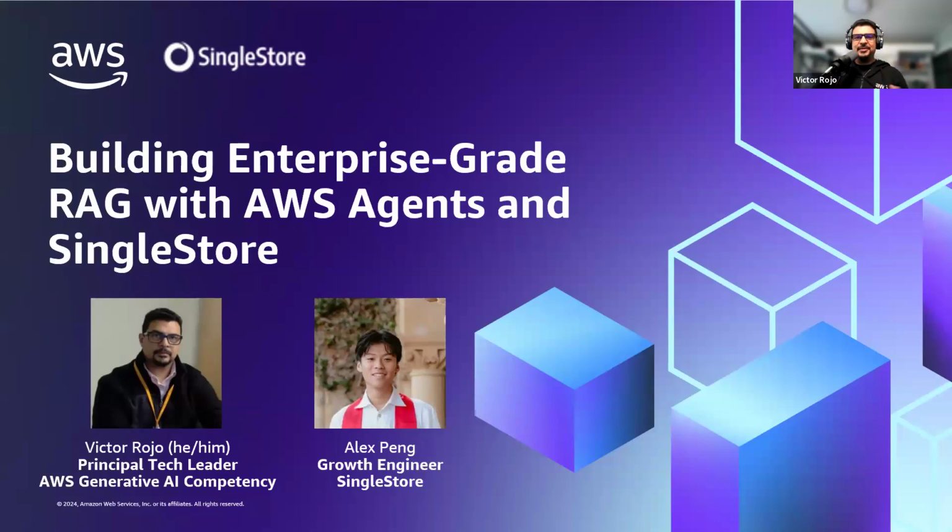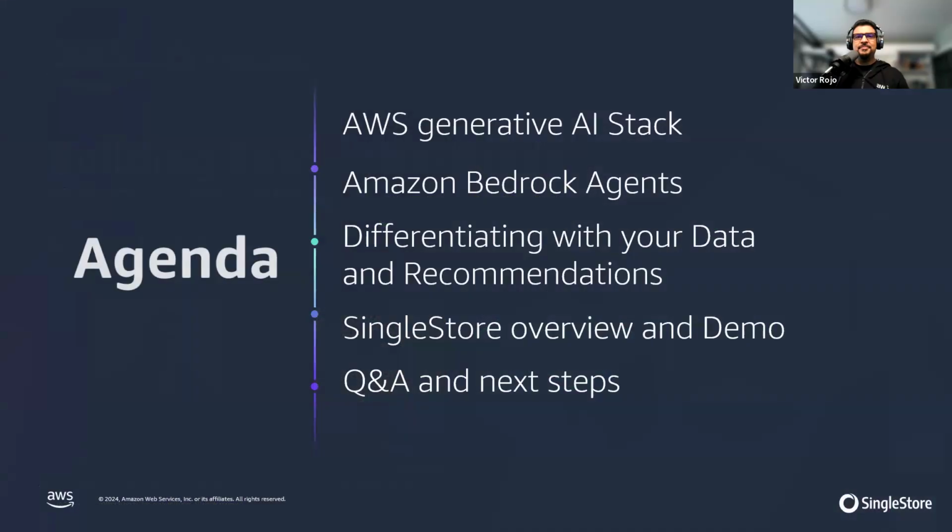I'm going to kickstart with the agenda for this session. I want to start with the generative AI stack and talk a little bit about what we are doing in the generative AI space at AWS. As previously mentioned, I'm the tech leader for the generative AI competency partners. SingleStore is one of those partners that already applied, and it's part of this program that brings customers experience, expertise, and success.